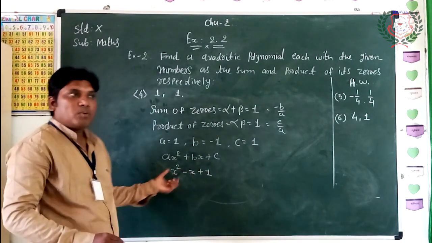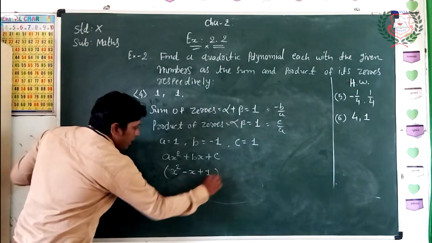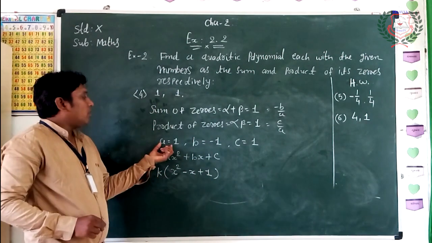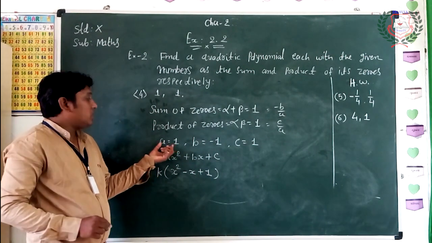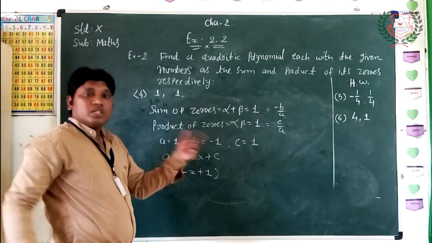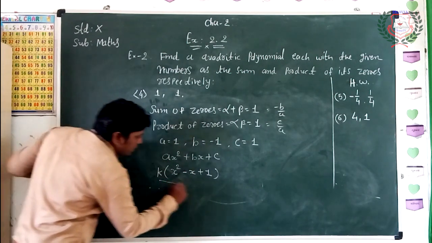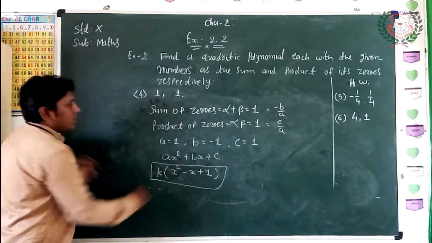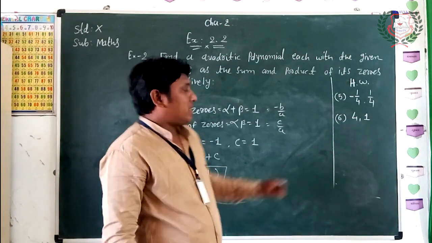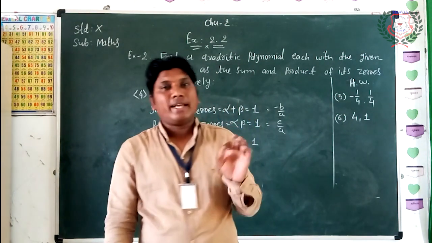It is our polynomial. When you take k, that means when the value of a is different, because a is equal to 2, the other values also change. So you can get another polynomial. It is your answer.